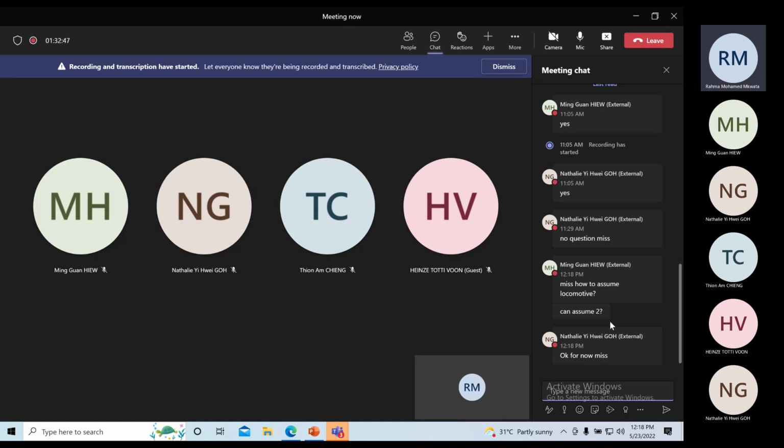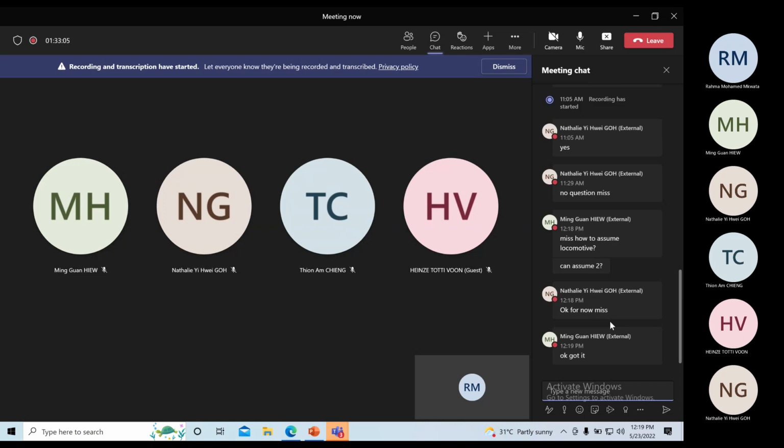But later when you calculate back and it's not the number of locomotives, you have to change again, because your tractive force will also change.